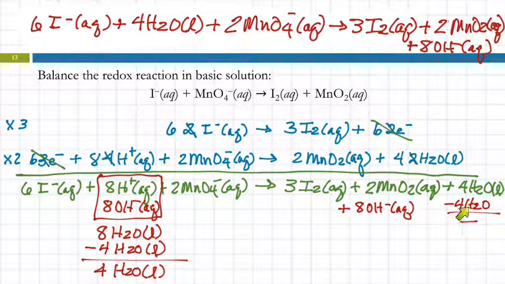I subtracted 4 waters from this side because I don't want to have water on both sides. So that is sort of simplifying it. Just like if you had 2 of each all the way across.